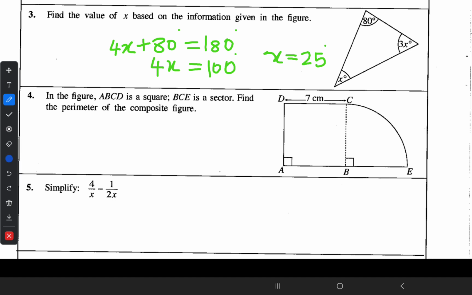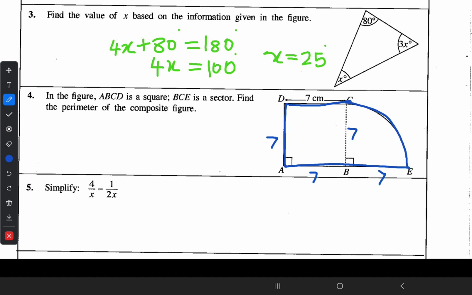Next one, in the figure ABCD is a star. That means 7, 7, 7. This is radii, this is also 7. BC is a sector. Find the perimeter of the composite shape. To find perimeter, we need to find this particular arc length.